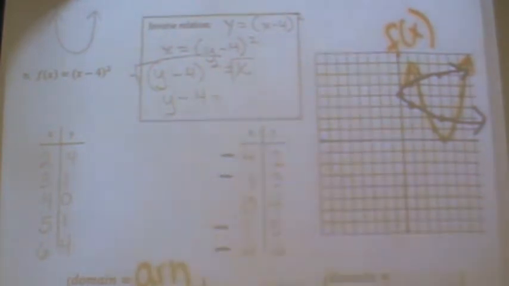So you've got y minus 4. Wait, what did you do? I switched x and y around. But then I rewrite it because I like my y value on the left side. I was solving it for y. And now bring 4 to the other side.